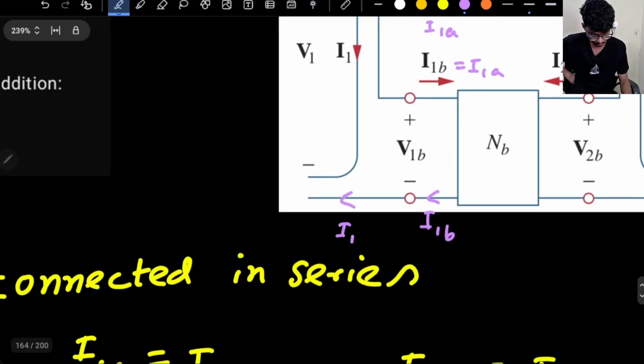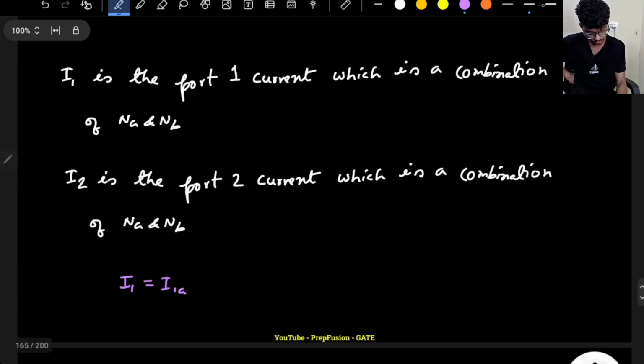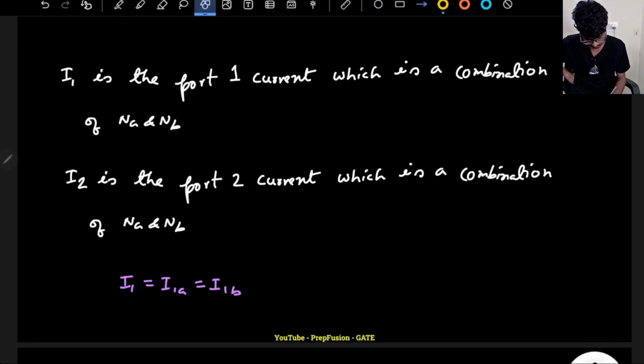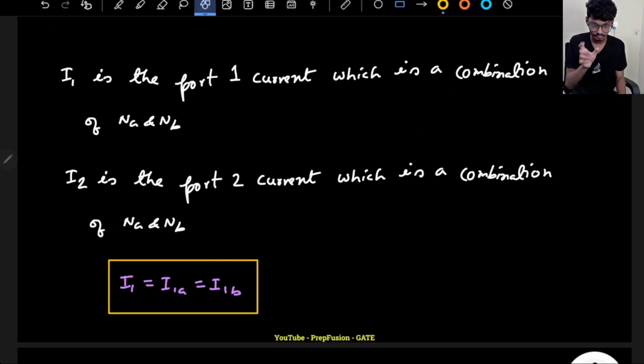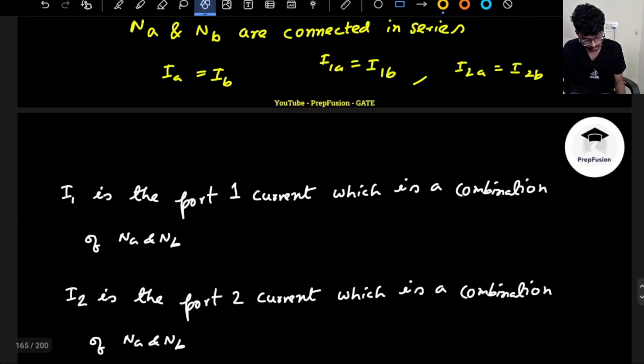So this will be I1. So my I1B is also equal to I1. Ultimately the equation is I1 equals I1A equals I1B. This basically means they are in series. If the currents are same between two networks, that means it is in series. Same for resistors: if the currents across two resistors are same, that means they are in series.